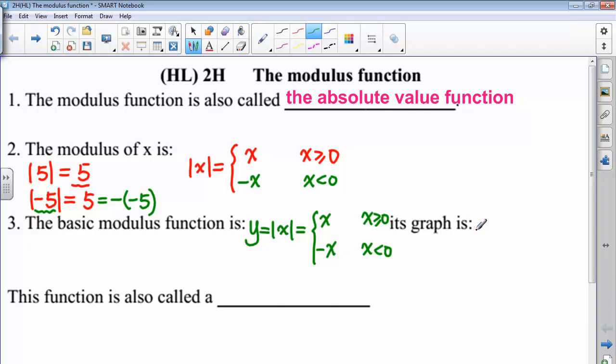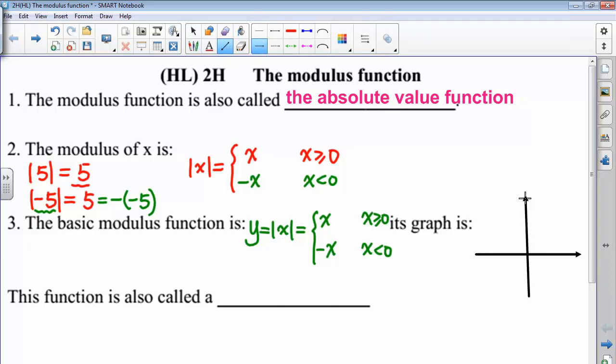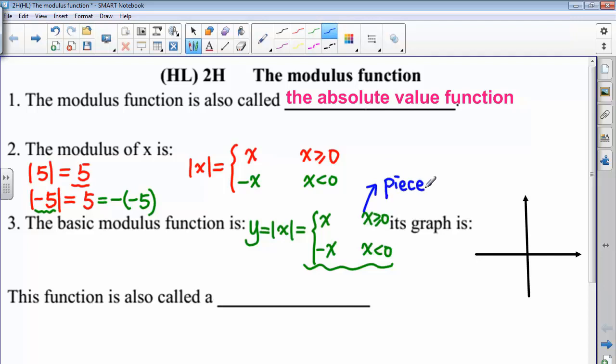If I want to graph this one, without the absolute value symbol anymore, you have two pieces. So this kind of function is also called a piecewise function. If I want to graph this modulus of x, I graph these two pieces of the function.